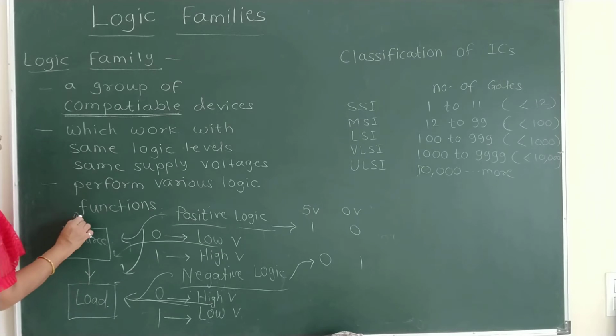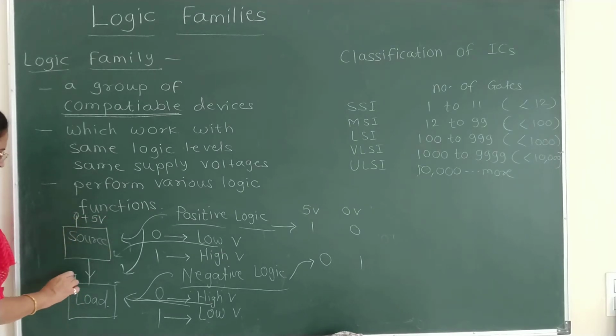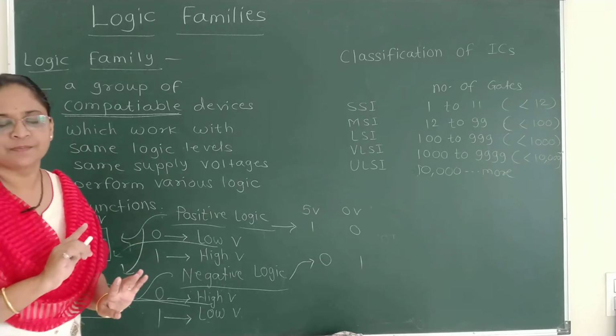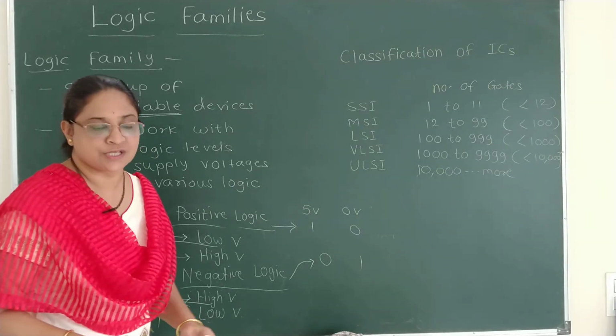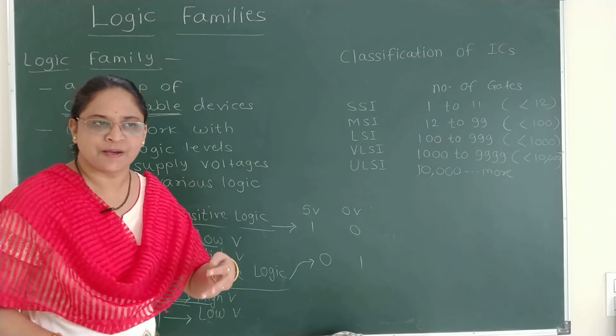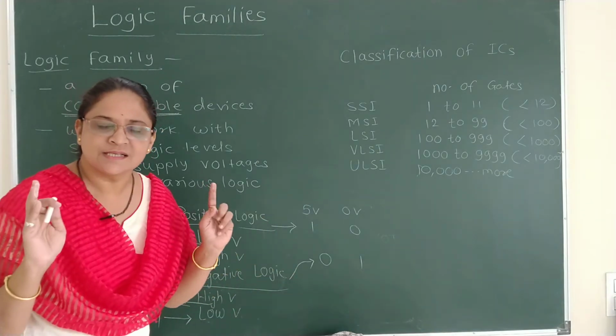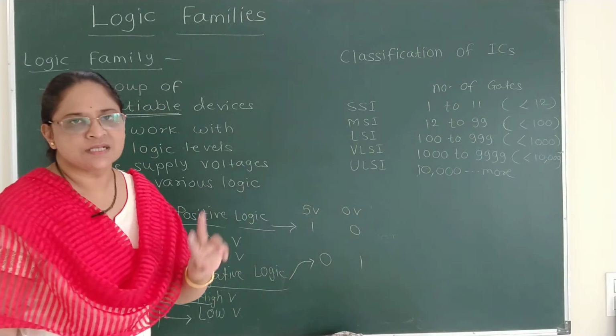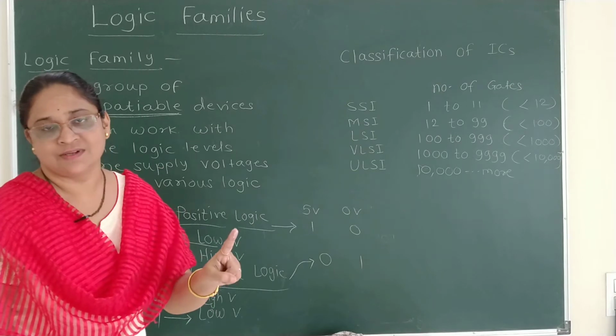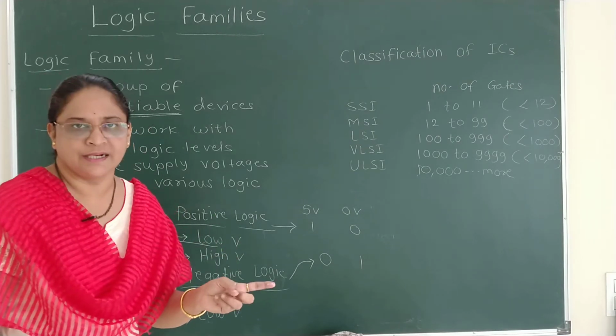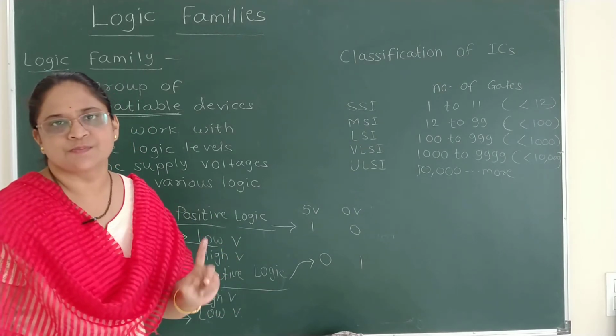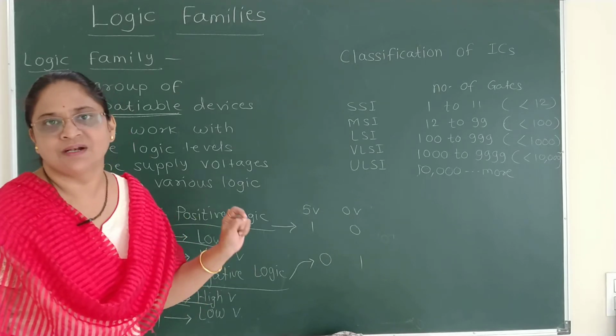If one circuit is working with plus 5 volt and another load circuit with plus 12 volt, that is also a mismatch, because the internal current, voltage and parameters differ. So the condition is that all the circuits must have the same logic level, either positive or negative, and supply voltages of the same level.